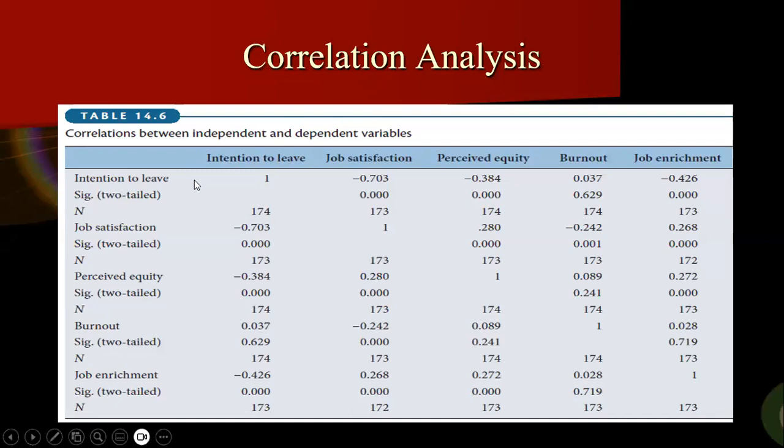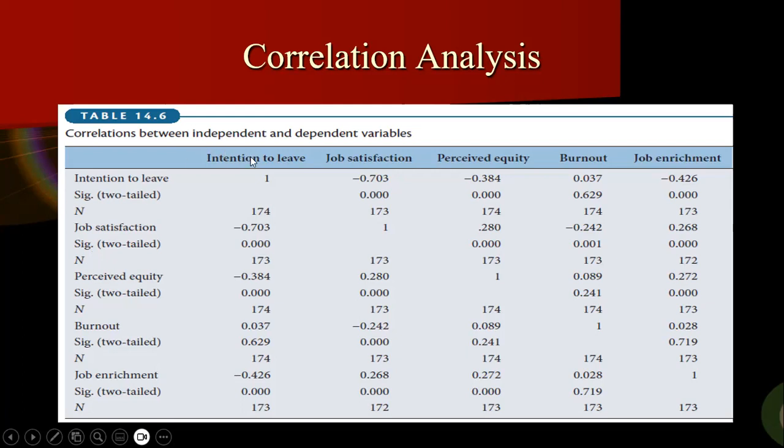This is the correlation analysis of various variables. This is a pairwise correlation analysis. On the first column, we have a list of variables: intention to leave, job satisfaction, perceived equity, burnout, job enrichment, and some other characteristics of the variables: intention to leave, its significance value and number of observation; job satisfaction, its significance value and number of observation.